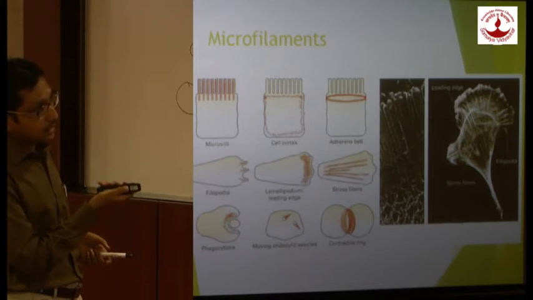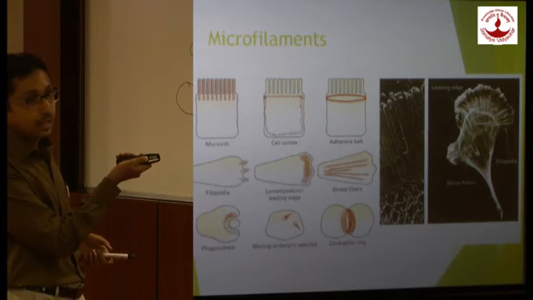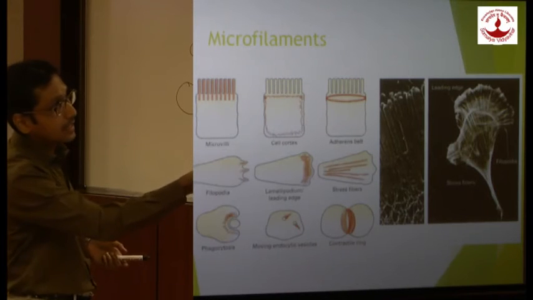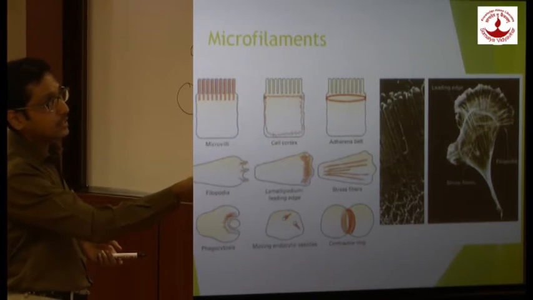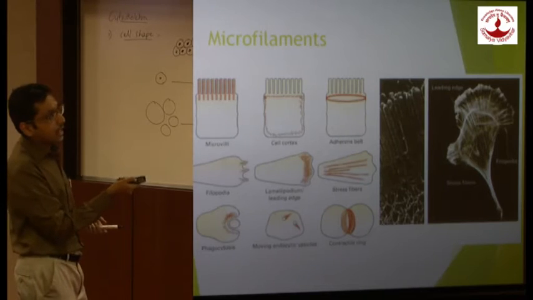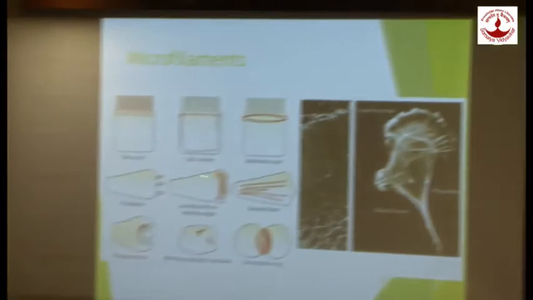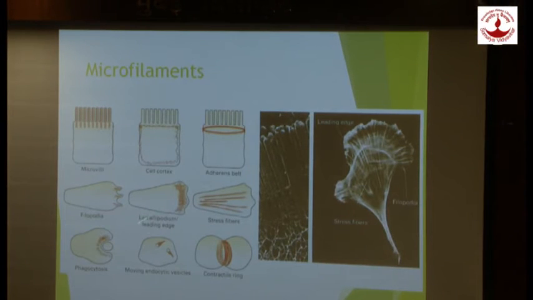The second example is the striking example of a cell which is moving. You see, this is the leading edge, where the movement of the cell is upwards. The part of the cell which is lagging behind is called the trailing edge. A cell which is moving will show filopodia, lamellipodia, and stress fiber formation.